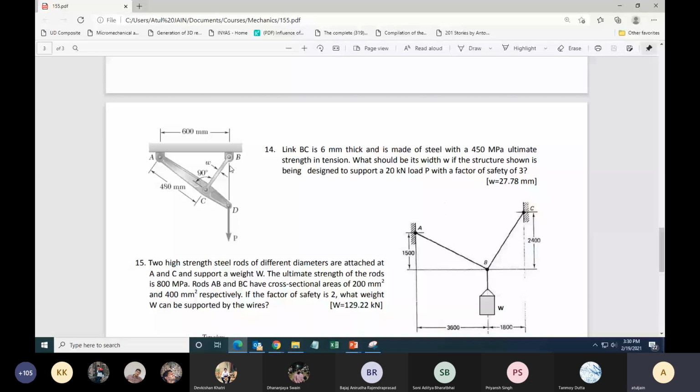So how do we solve this? You will draw the free body diagram of member ACD, calculate the load in BC.